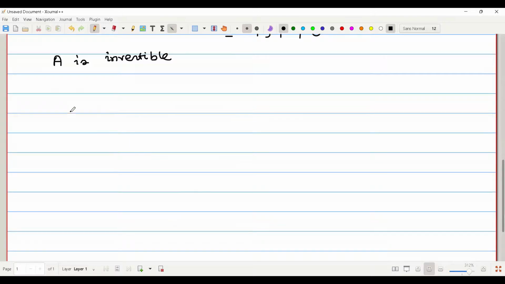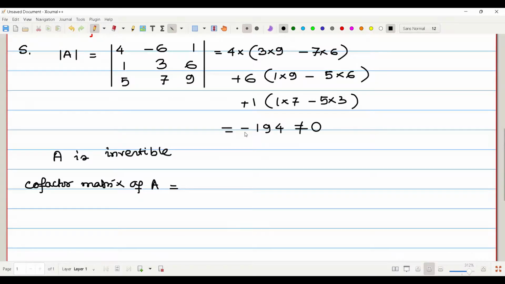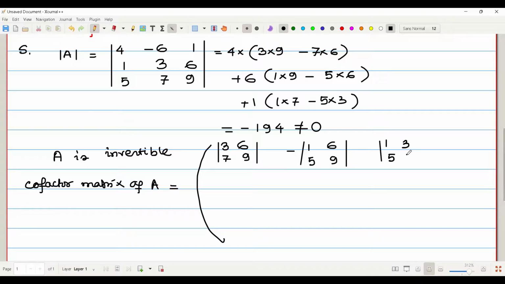Now we are finding the cofactor matrix of A. According to A, we can say the cofactor matrix of A: 3, 6, 7, 9, then minus 1, 6, 5, 9, then 1, 3, 5, 7. Here that should be minus 6, 1, 7, 9.